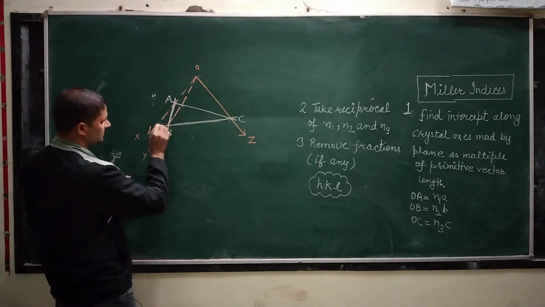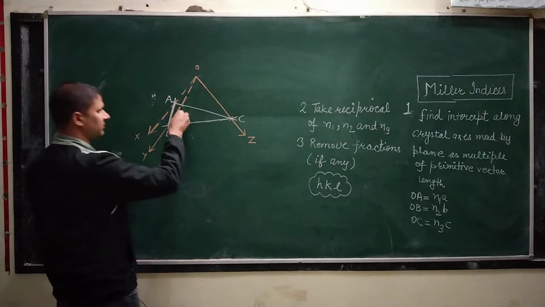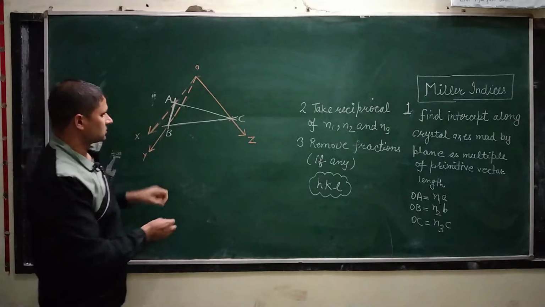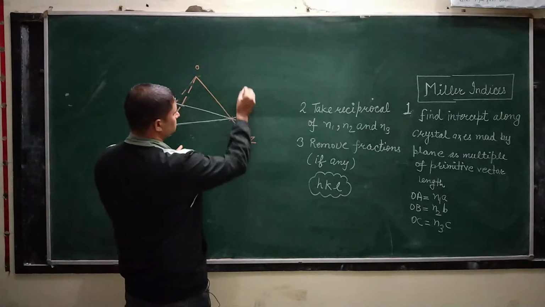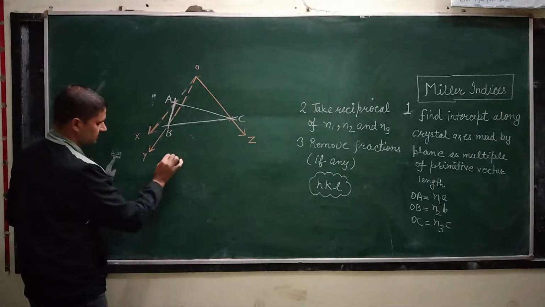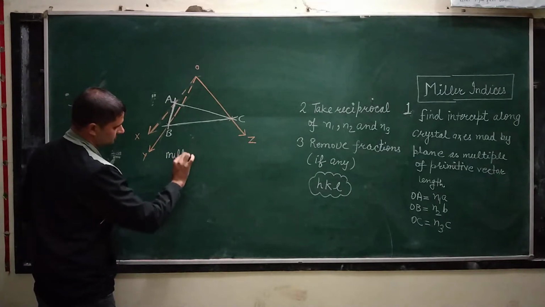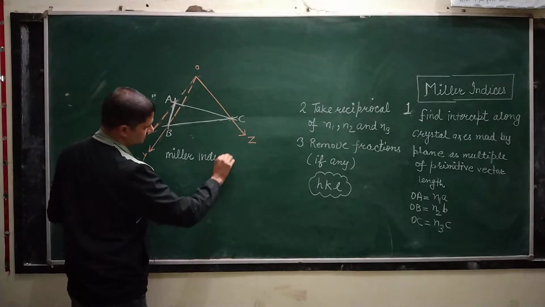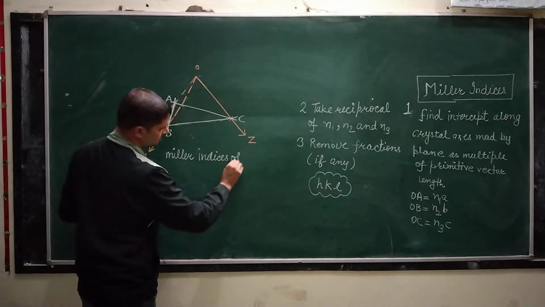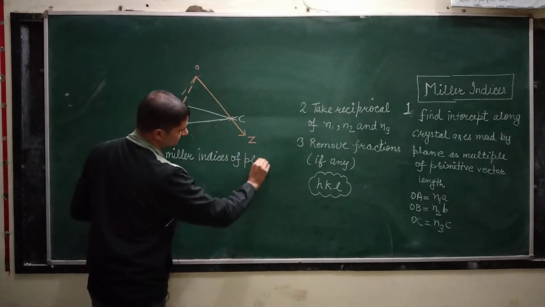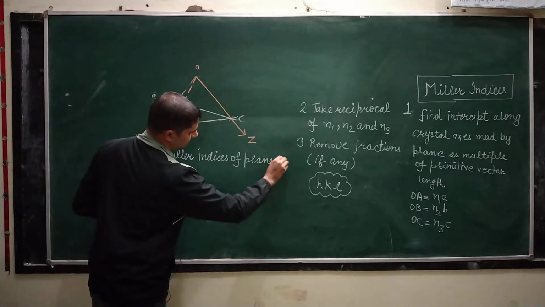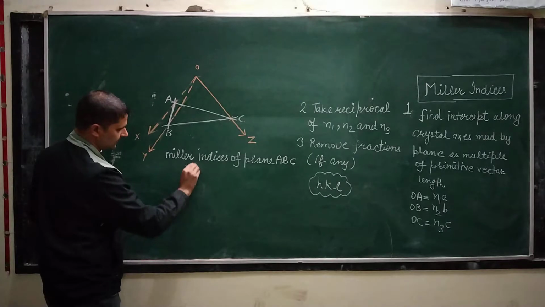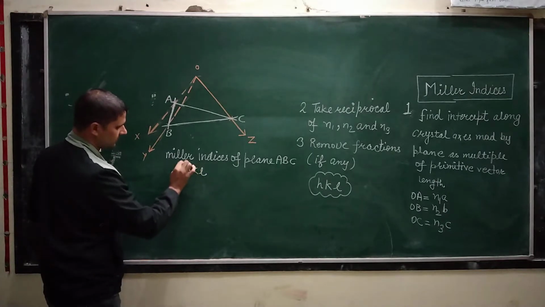So class, this is the plane. And let us suppose that its Miller indices are H, K, L, with intercepts A, B, C.